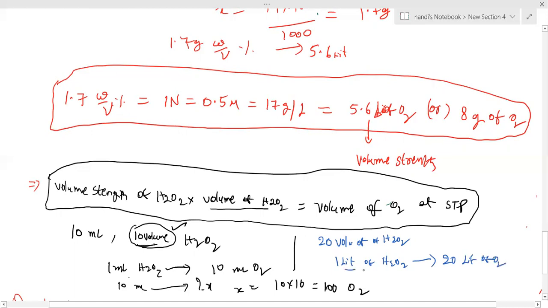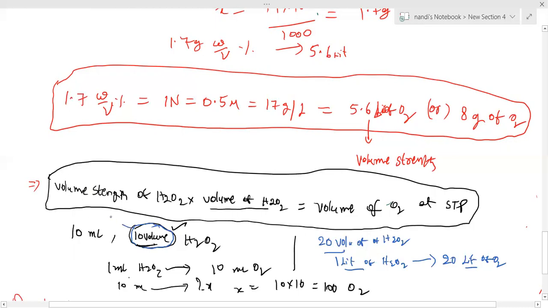If you are taking ml, you can write ml. So wherever they mention volume, you have to keep this meaning in mind. 10 ml of 10 volume, I am writing here, is how to use the above formula.